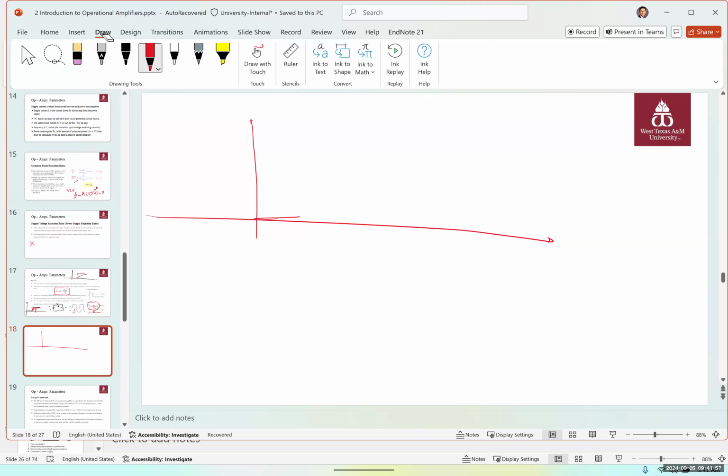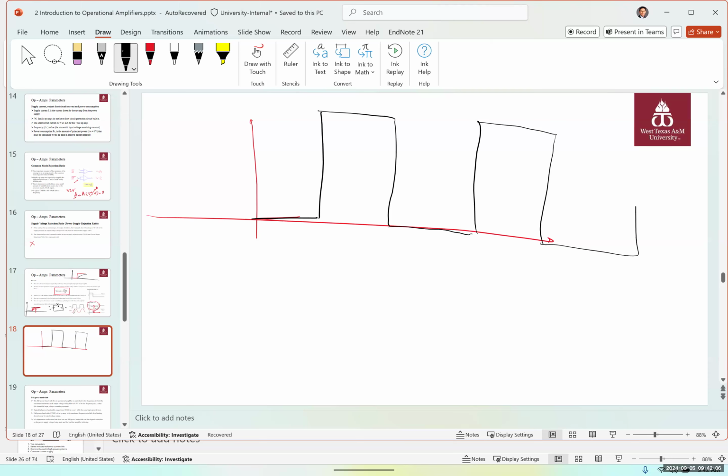But this time, instead of just having one step signal, we have a square signal that goes like this, okay? And my input signal is something like this, okay, a sinusoid.